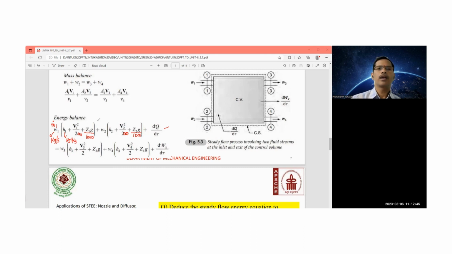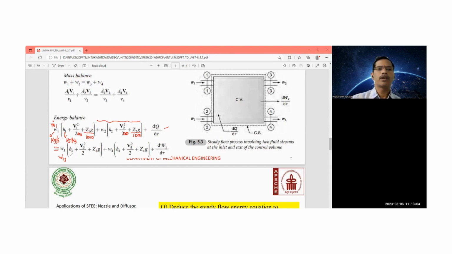So all these inlet sections are equal to the exit section, m3 dot into h3. Here on the left-hand side, whatever the notations or unit compatibility, the right side should also have the same units.